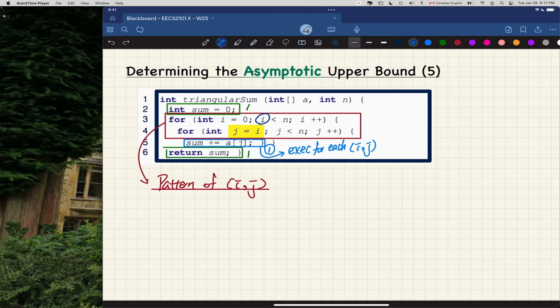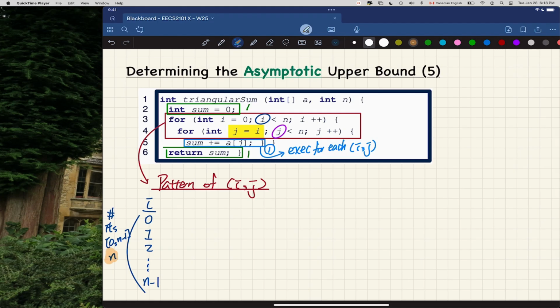So i here can be 0, 1, 2, all the way to n minus 1. And now I know pretty well the number of iterations from 0 to n minus 1. That's a closed interval, and we know by the formula it is n. Let's now figure out the second dimension.